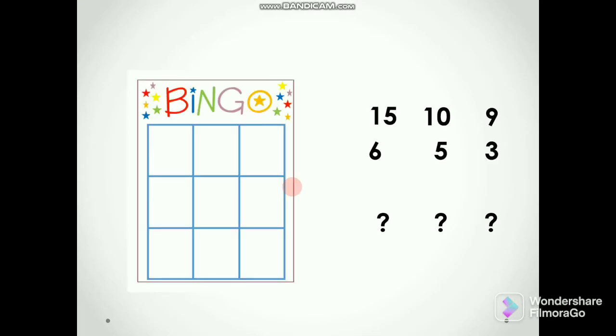For listing, since we have the given numbers 15, 10, 9, 6, 5, and 3, we're going to list down all the possible answers that we have.